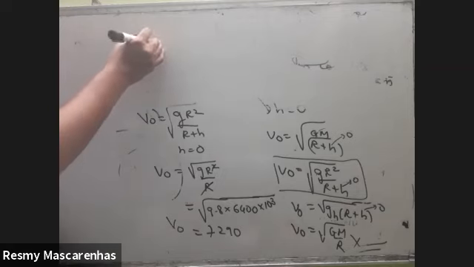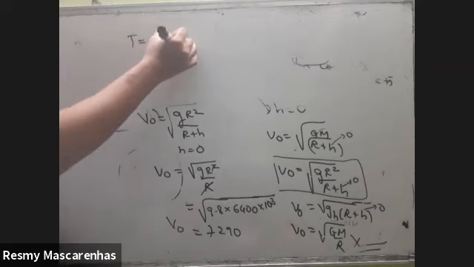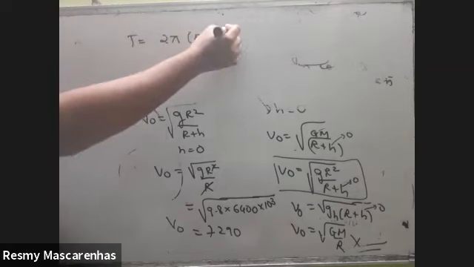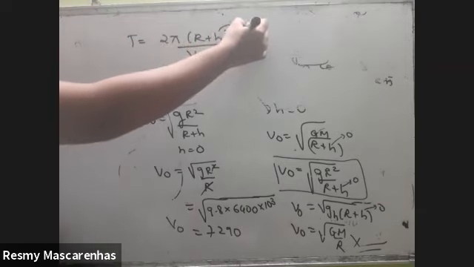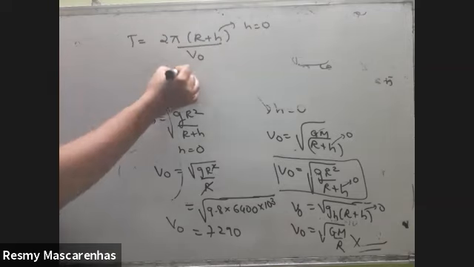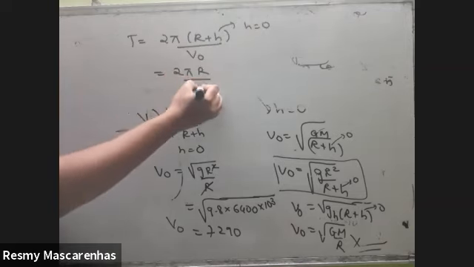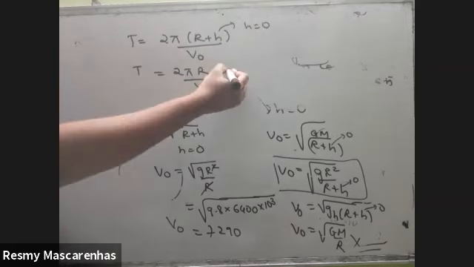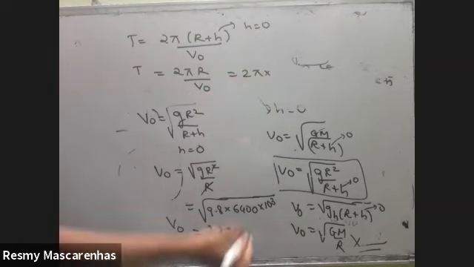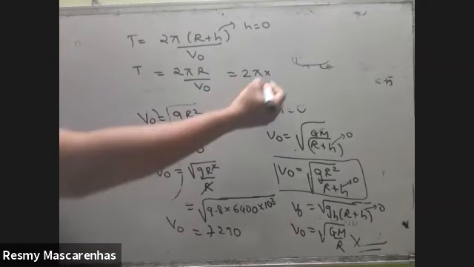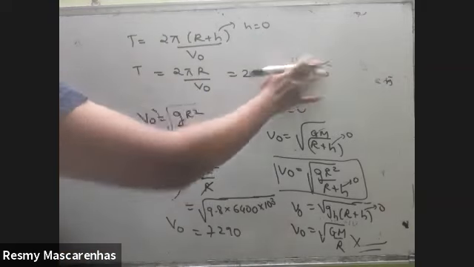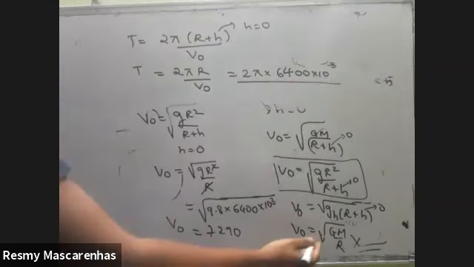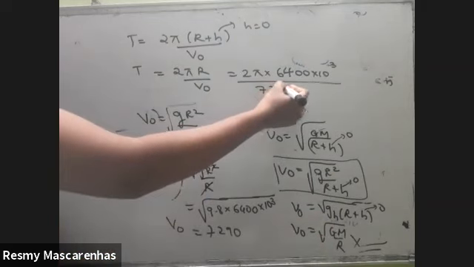Again, for time period also, you can take h as 0. Now substitute. R is 6,400 into 10 raised to 3 upon this value 7290.